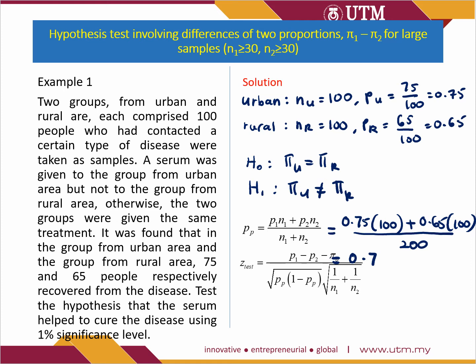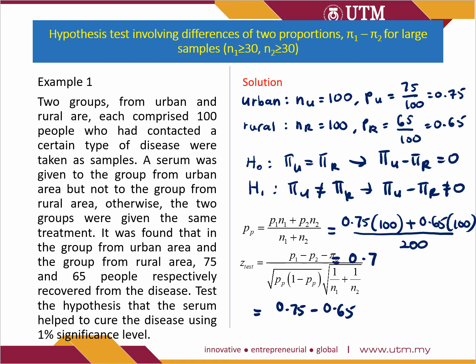So then next we find the z-test. Here our P1 is 0.75 minus 0.65, where H naught can also be written as πU minus πR equals 0, and the alternative would be πU minus πR not equal to 0.